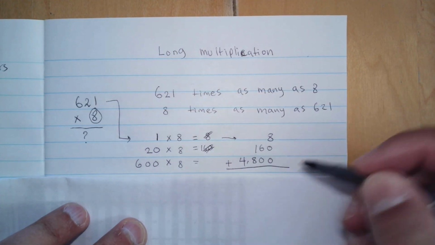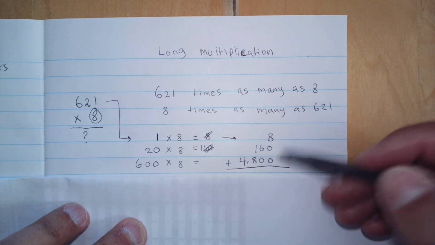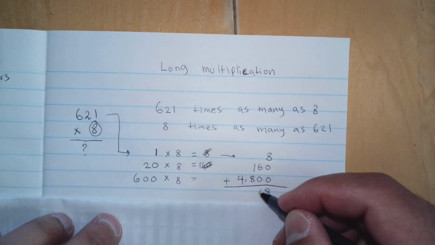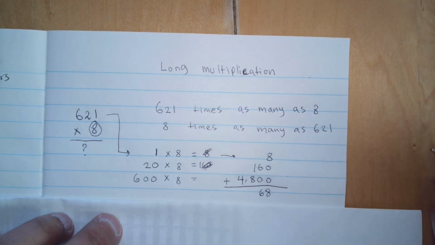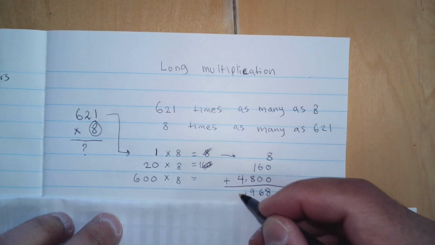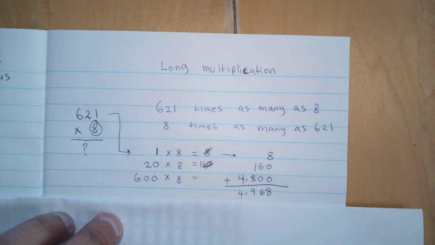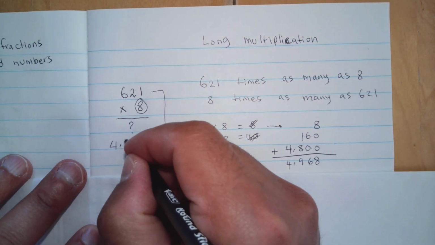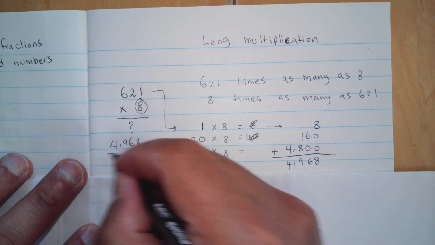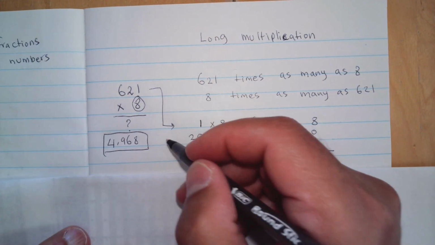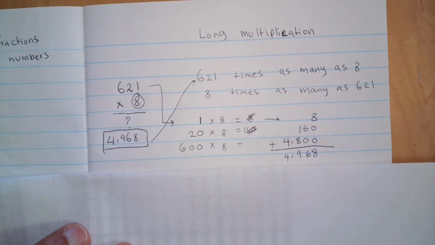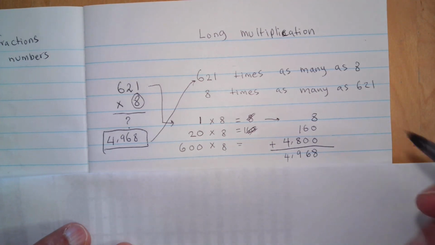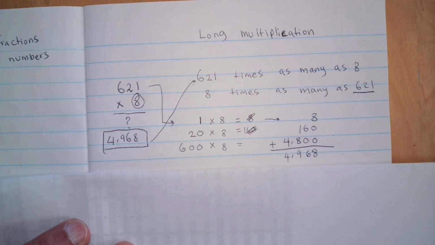So what is that number? We have to add our digits. 8 plus 0 is 8. 6 tens plus none is 6 tens. 100 plus 800, that's 900. And 4,000 stays the same. So that means 4,968 is that number that we were wondering about, that is 621 times as many as 8 or 8 times as many as 621.